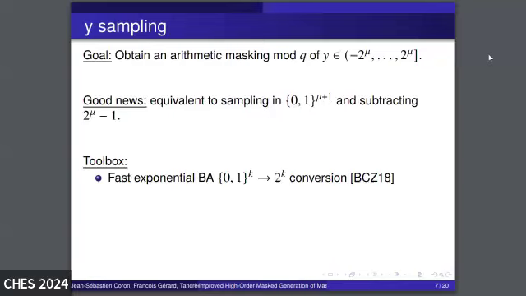One of the tools we use is a fast exponential Boolean to arithmetic conversion, from k bits Boolean to arithmetic mod 2^k. It's maybe a bit funny to see "fast exponential", because I'm really talking about the complexity.